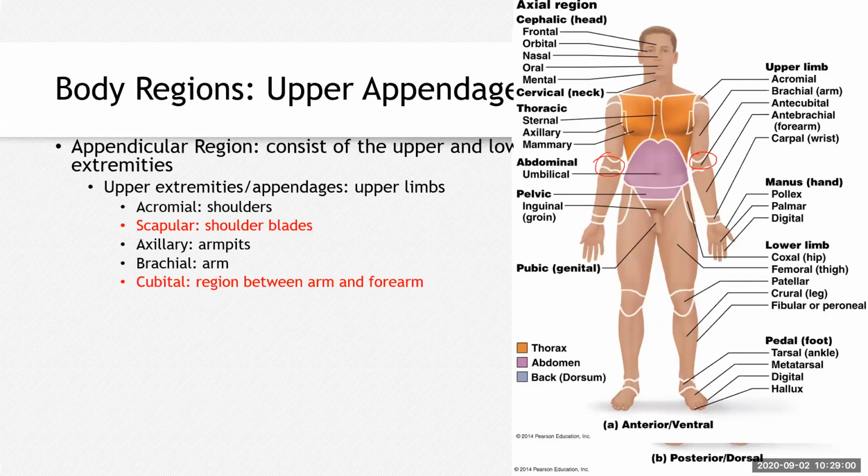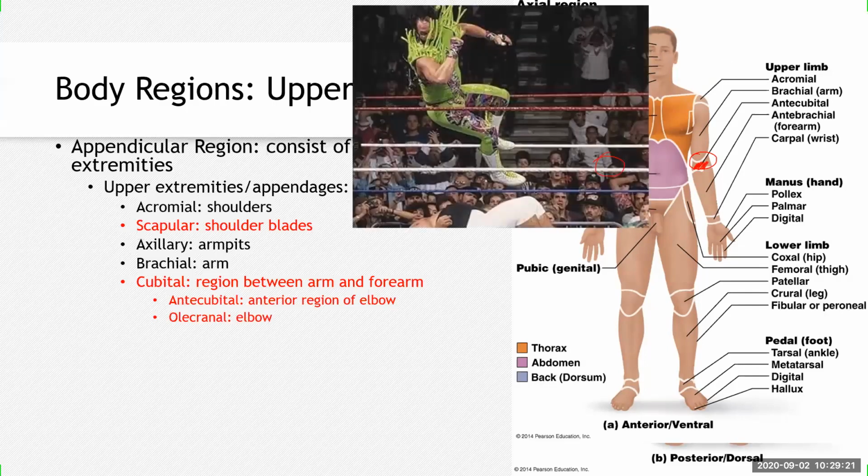All right, so the cubital region is this region here, but it's both anteriorly and posteriorly. If you're just looking at the anterior side, we could say this here specifically is called the antecubital region. Overall it's called the cubital, but if we want to be more specific, it's called the antecubital. If we look at the posterior side, then we have what we call the olecranon region, the elbow basically.